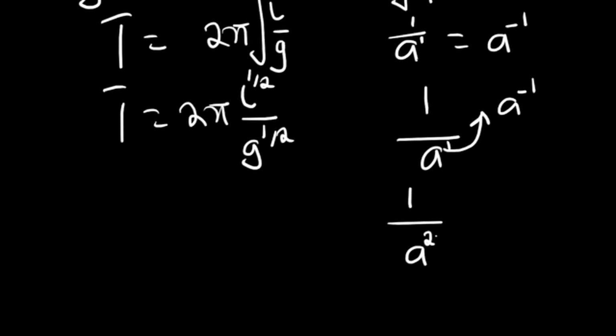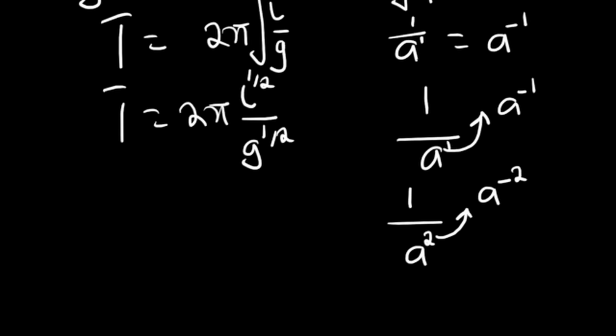If you take it off from the denominator, it goes up and becomes a to the power negative 2. So if it is a positive number down here, when it goes up, it's going to be a negative number. If it's a negative number down here, when it goes up, it's going to become a positive number. It is called the negative exponent rule.